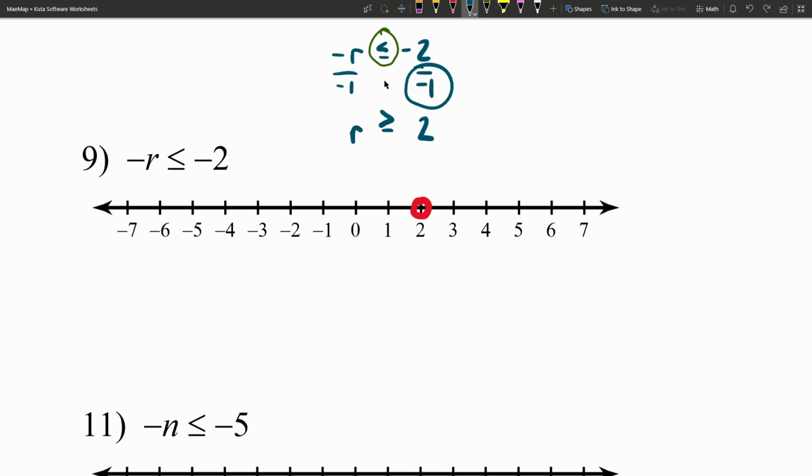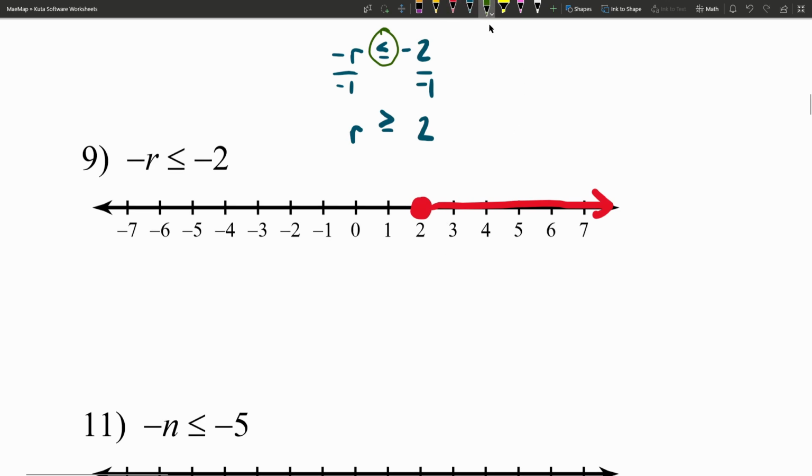We flip the inequality. So now we're going to graph this inequality, which is the same as this one. R is greater than or equal to 2. We located our 2. R is everything that's greater than or equal to. So we're shading to the right and filling in that circle.